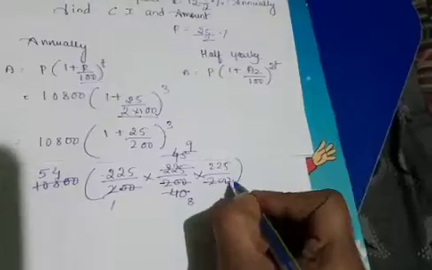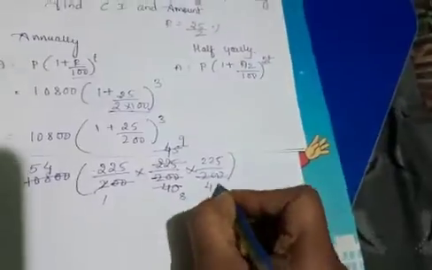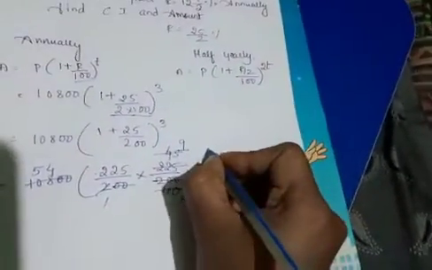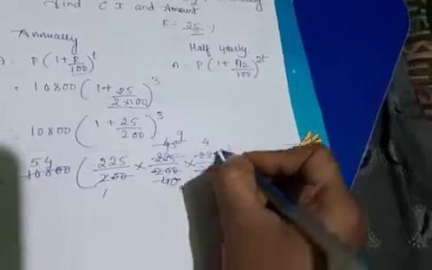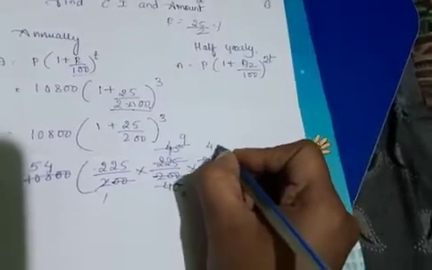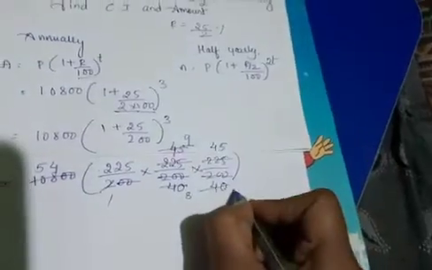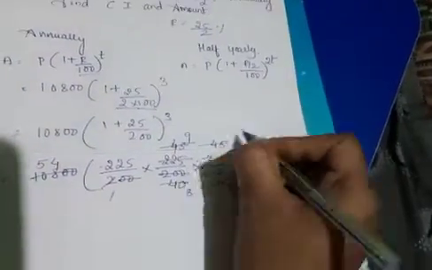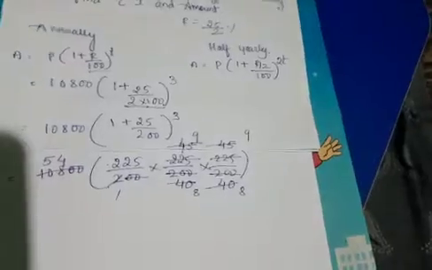Then again with the 5 table, 5 fours are 20, 2 left, 5 fives are 25, 5 eights are 40, 5 nines are 45.